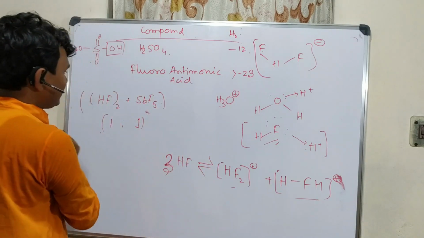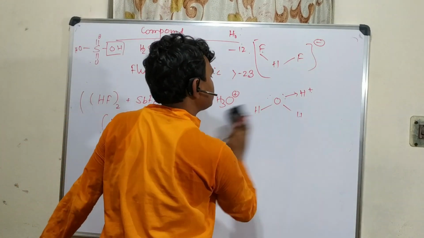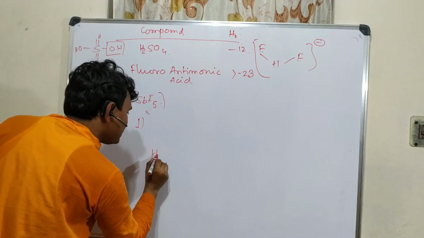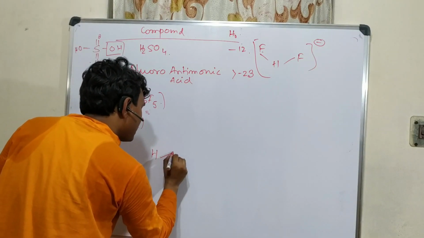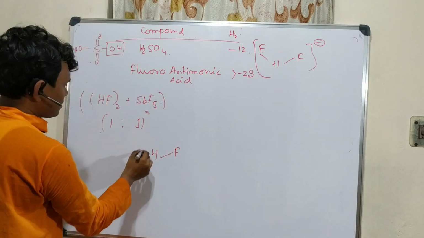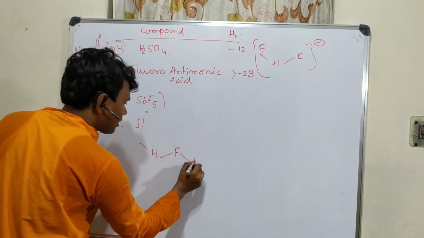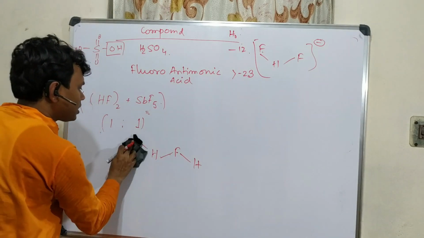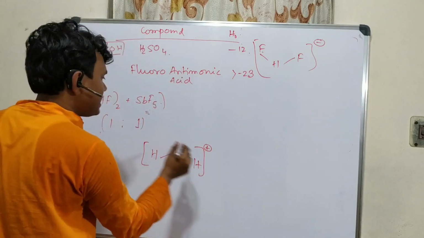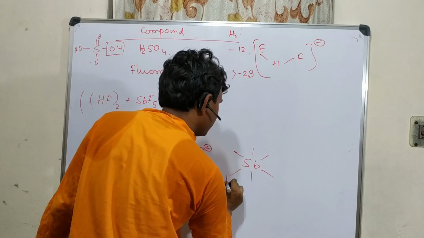So what happens if we take this, then what is produced? In this case, what is produced is HFH plus SbF6 minus.